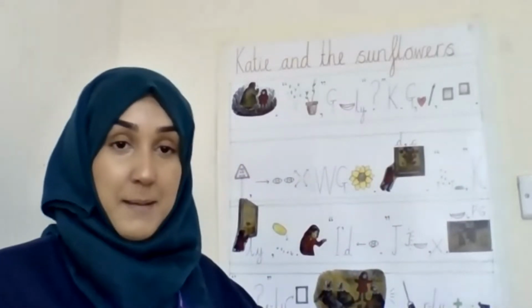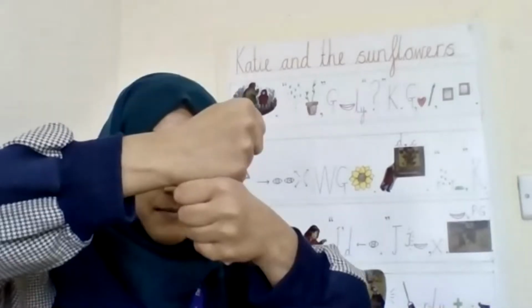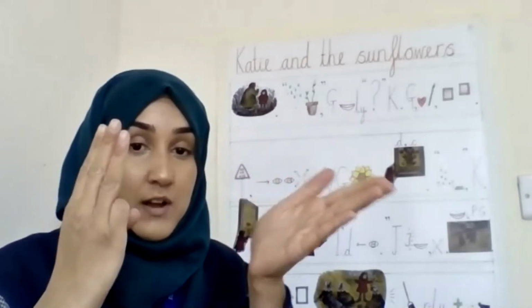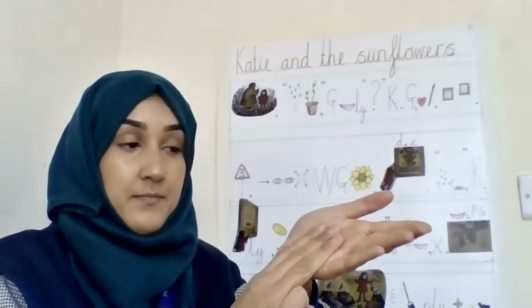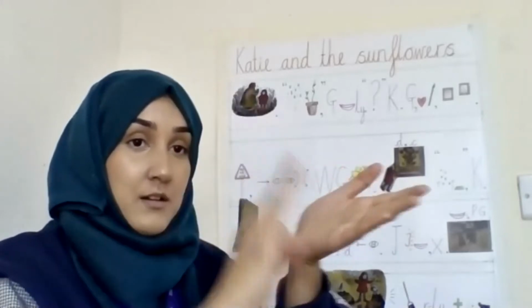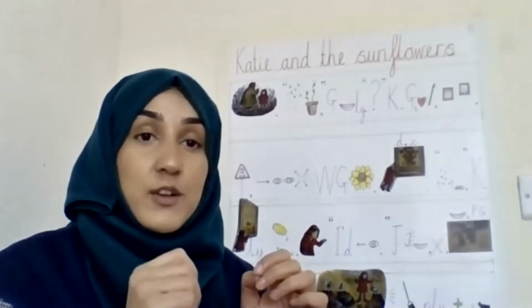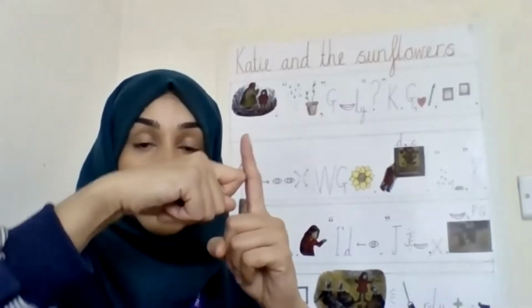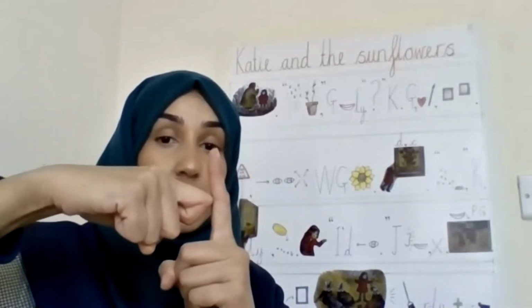So the action for Grandma is, you do like you're building a house. So you do Grandma, and then you get 3 fingers, 1 hand, and you say Grandma like this. Grandma was helping Katie. Now, the sign for Katie is, you put 1 finger up, you do like a knuckle, and then you join it together, like a k.